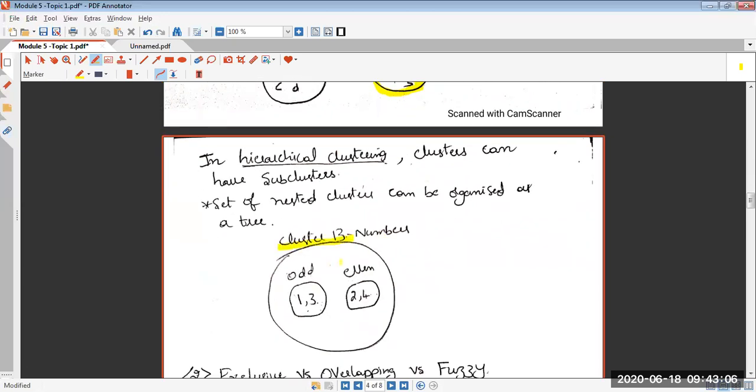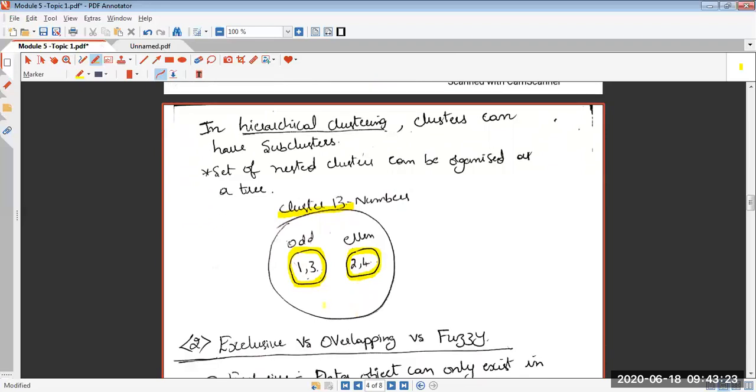For example, cluster B was a collection of numbers. I'll create smaller subsets. Subset 1, you can see only odd numbers. Subset 2, only even numbers. So this type of clustering we call as hierarchical clustering. What is hierarchical?